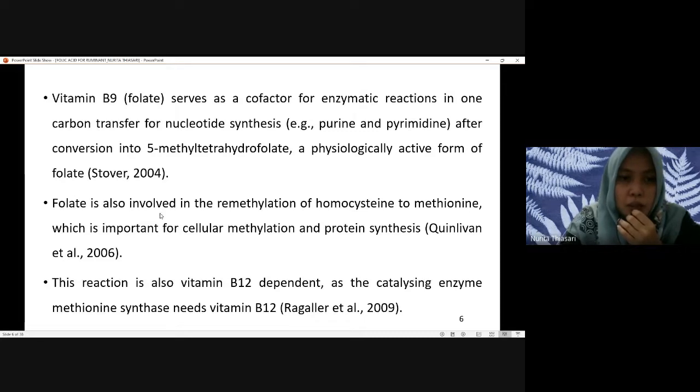Folate is also involved in the remethylation of homocysteine to methionine, which is important for cellular methylation and protein synthesis. This reaction is also vitamin B12 dependent, as the catalyzing enzyme methionine synthase needs vitamin B12.